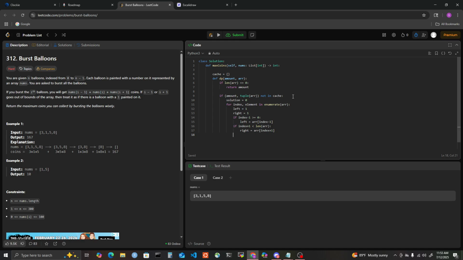And then we're going to do DP. We say solution equals max of solution and DP of amount plus, I'll put a little tuple here, or a little parentheses. So I just need some space to be able to read. It's getting to a point.